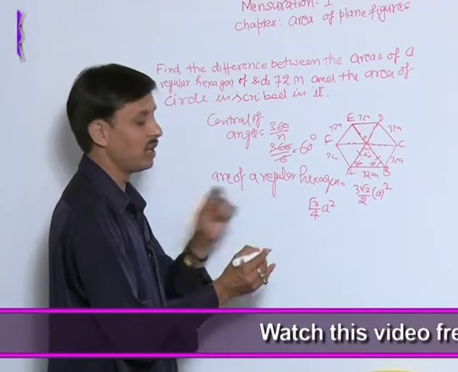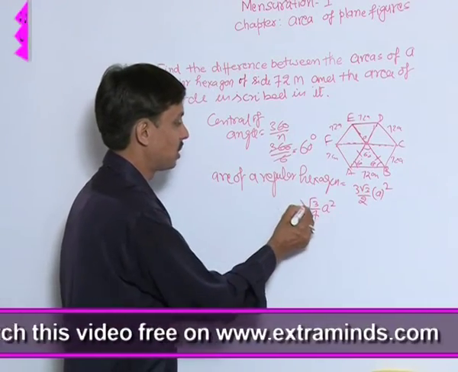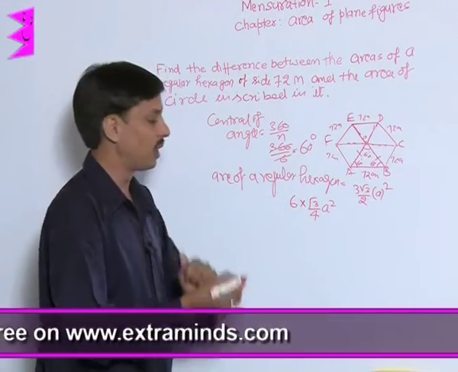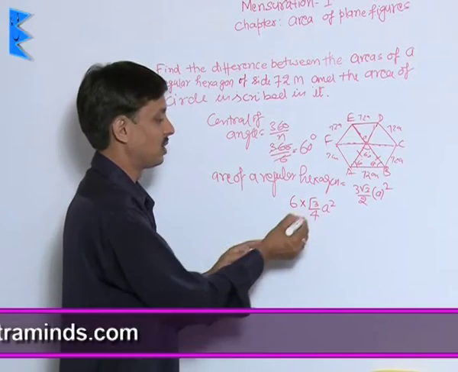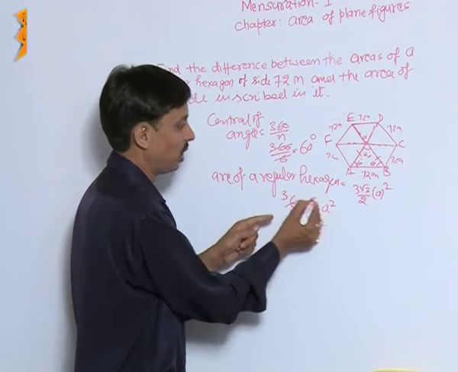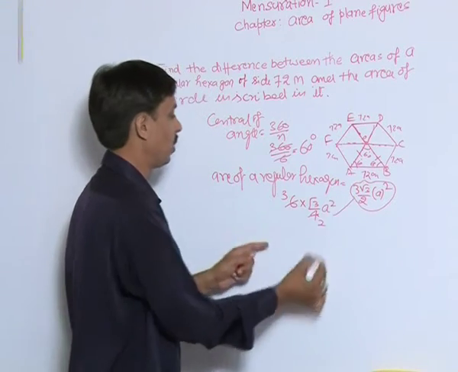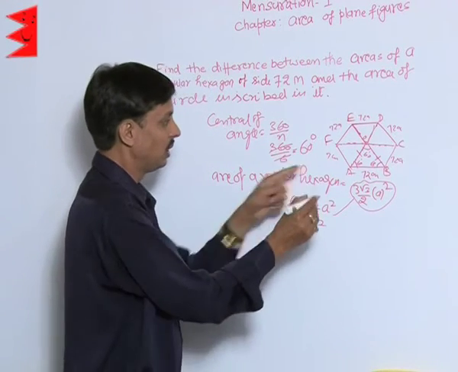This is the area of one equilateral triangle if the side is a, but there are 6 equilateral triangles in a regular hexagon, so we multiply it by 6. After solving, we get 3 root 3 upon 2 a square. This is the origin of the formula for calculating the area of a regular hexagon.